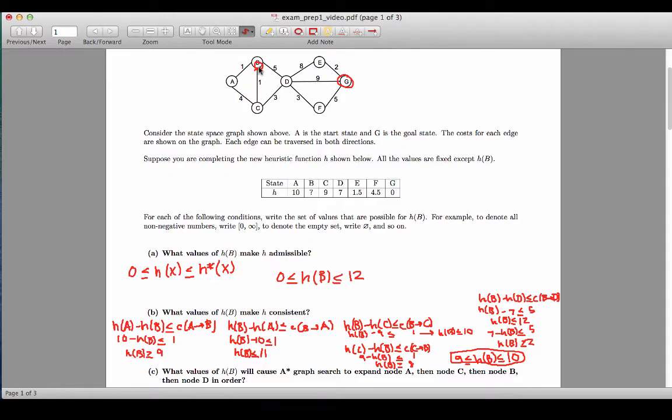So therefore, combining those two, the difference in heuristics from b to f must not overestimate the total cost from b to f.